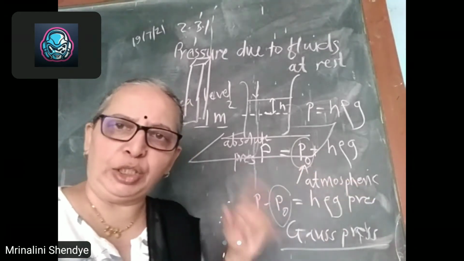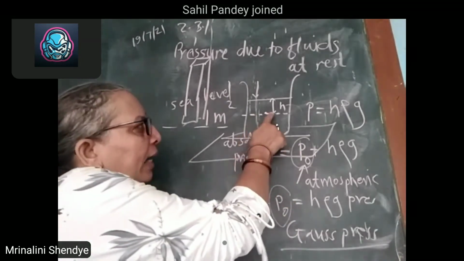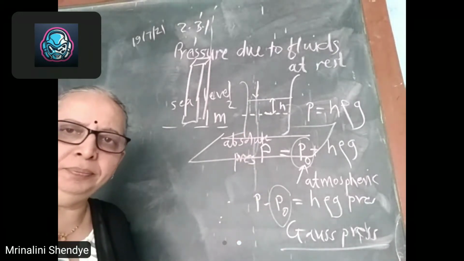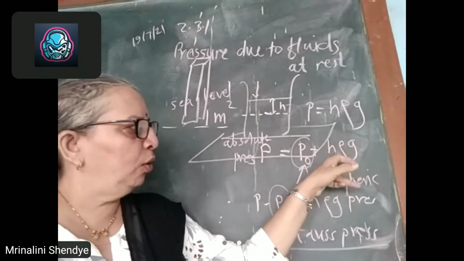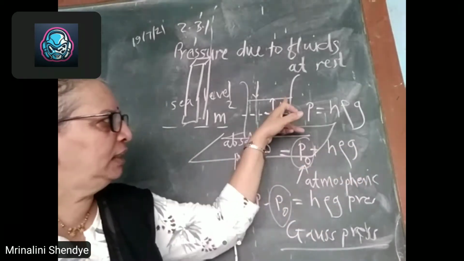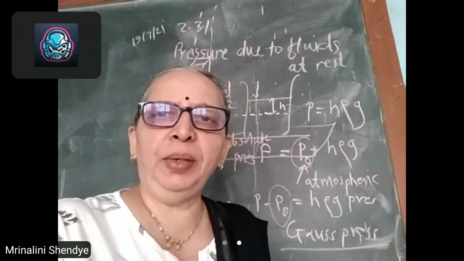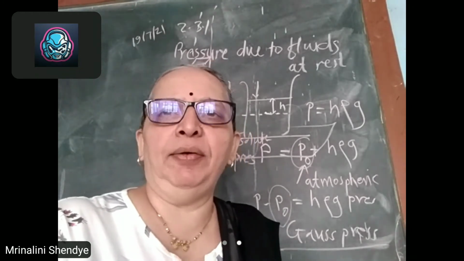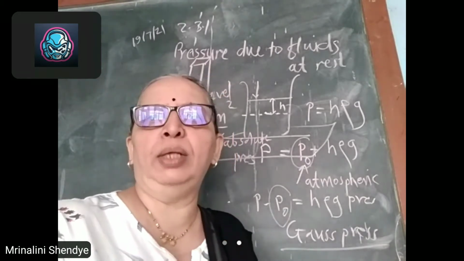So the actual total pressure experienced by a particle at depth h inside the fluid is P naught plus h rho g, where rho is density of the fluid and h is its depth from the free surface. Atmospheric pressure has a standard value and it is 76 mm of mercury. You all know that value.